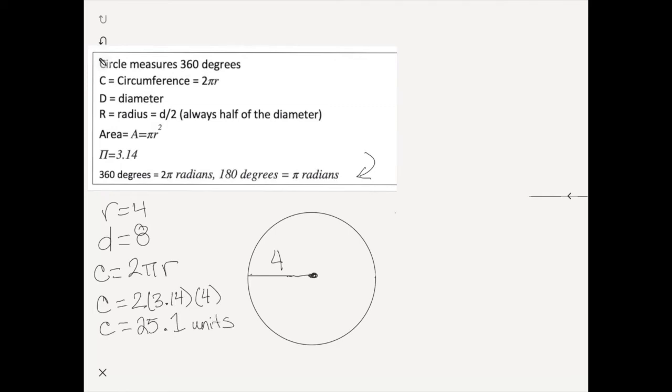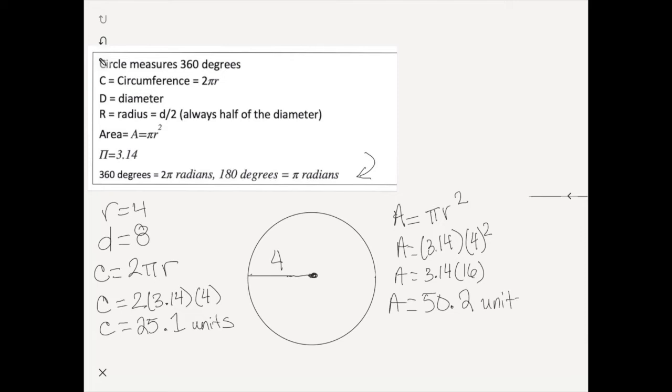Let's solve for area. So A is equal to pi r squared. So the area is equal to 3.14 times the radius squared. 4 squared is 16, so we're just going to do 3.14 times 16, which is 50.2 units squared.